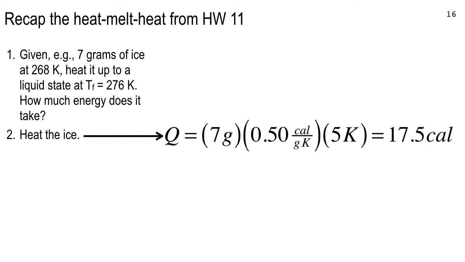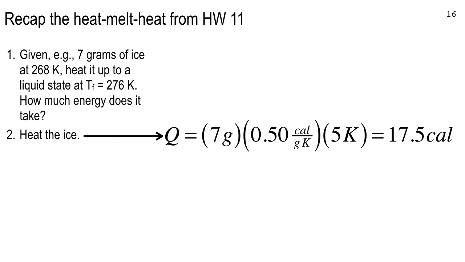So the specific heat, David, is 0.50 calories per gram Kelvin. All right, so that's good. And then the delta T is 5 kelvins, because you're going from 268 up to 273. Now notice in this calculation, grams in the first parenthesis cancel grams in the denominator of the second middle parenthesis, the specific heat.